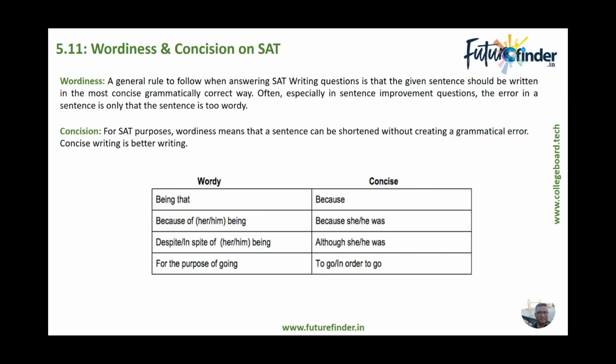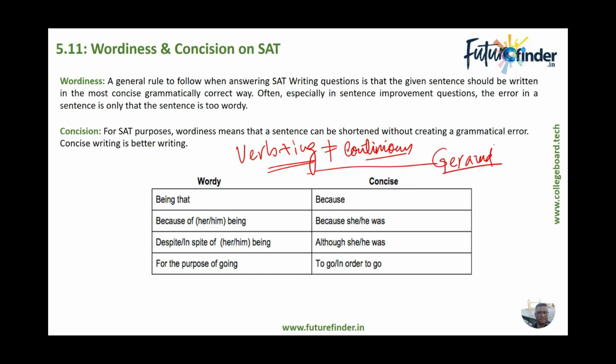Whenever we have a verb plus ing format which is not the continuous form of the verb, it becomes a noun, the gerund form of the verb, and these kinds of gerunds tend to create wordiness.